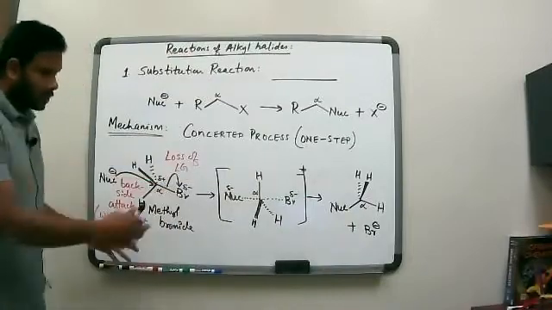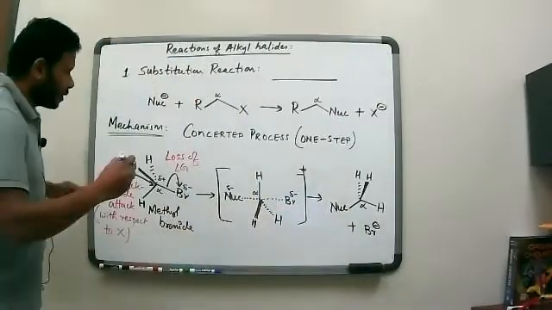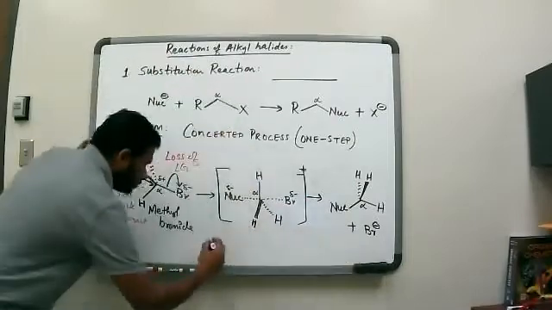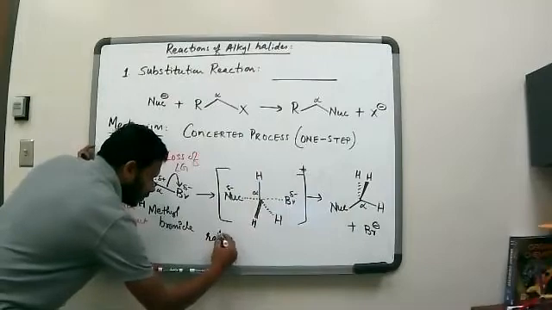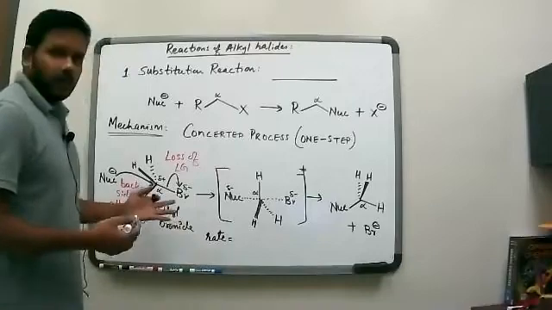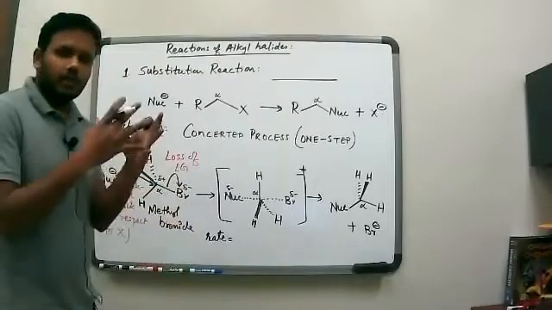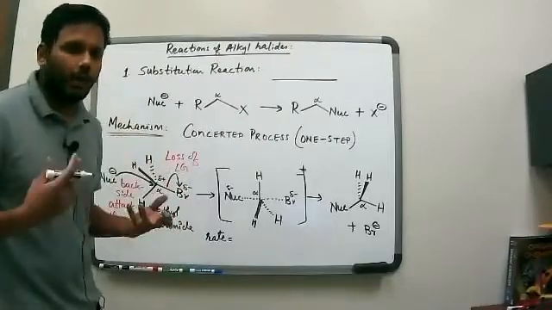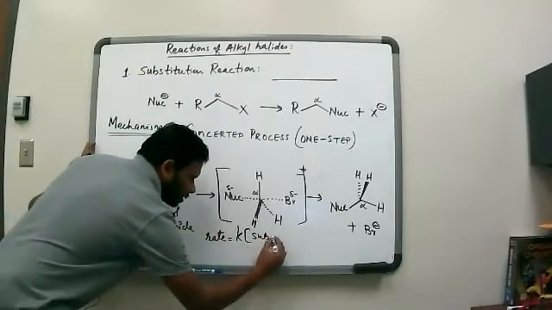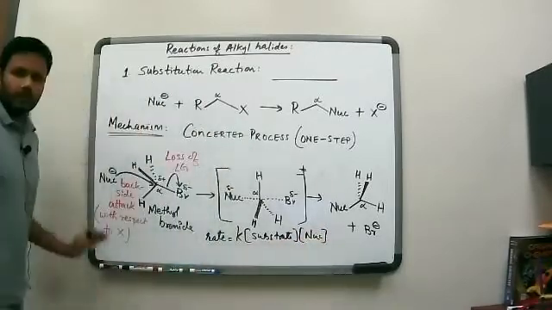Now because everything is happening in one step, and we already talked about the rate law, the rate of this reaction. Since this is a one-step reaction, there's only one transition state. Since it's a one-step reaction, that one step has to be the rate determining step also. So the rate of the reaction, we already said, is rate equals k times the substrate concentration times the concentration of the nucleophile.